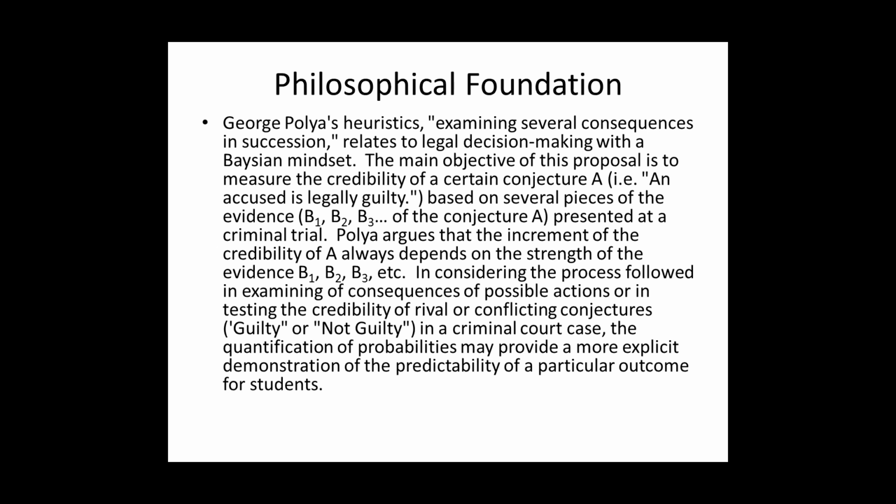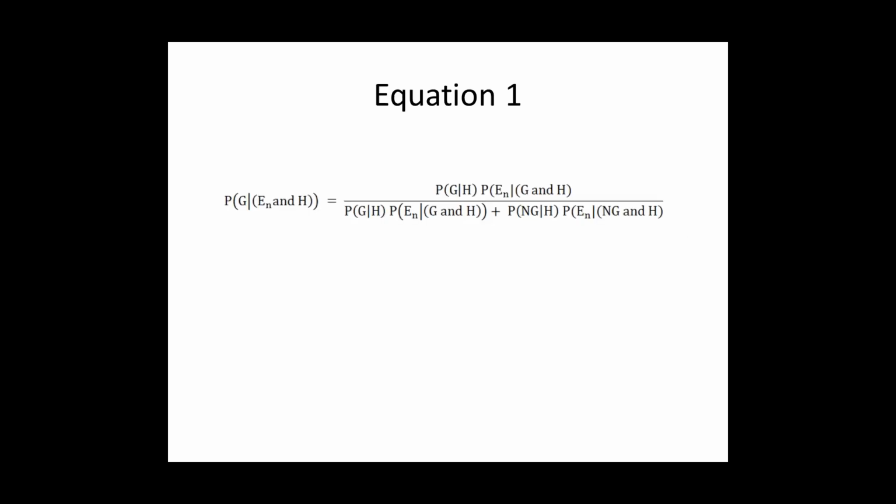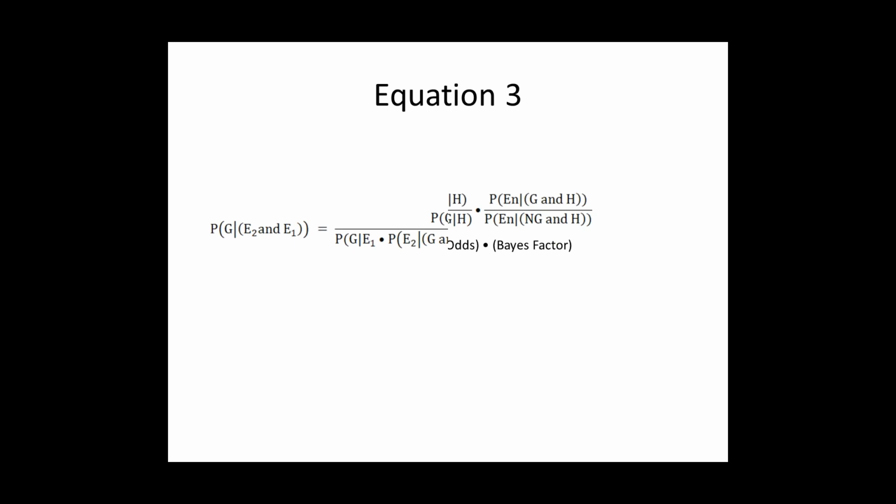H is all evidence prior to the nth evidence, which means E1, E2, E3, all the way up to E subscript n-1. This formula was given in previous literature we came across, Finkelstein and Stephen Goodman's article pertaining to legal decision making, and we decided to use this equation.